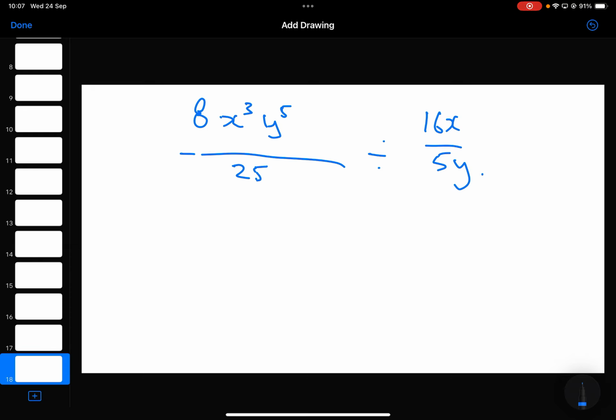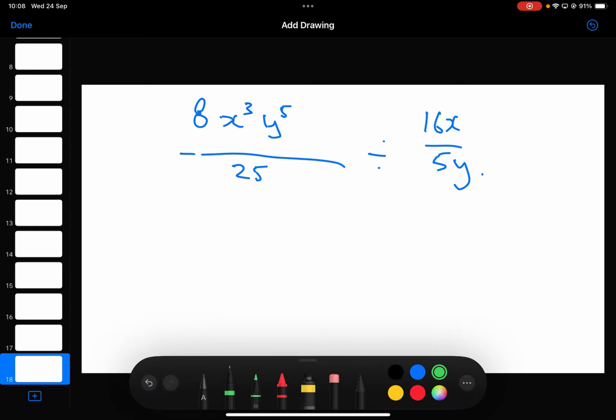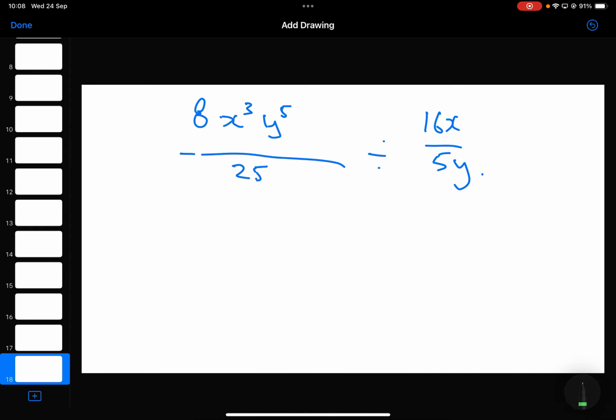When I see this thing given to me, what must come to my mind? Again, I don't just see a string of numbers and alphabets. I must be thinking, this is a fraction divided by a fraction.